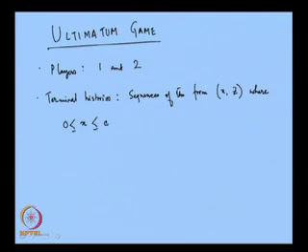Where x can take any value between 0 and c, it is a continuous variable. So it is not indivisible, it is a divisible thing. Units are divisible, and z could be yes or no. Yes means that player 2 is accepting the offer, and no means he is rejecting the offer.